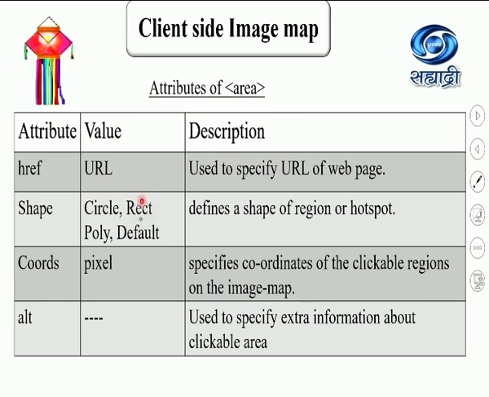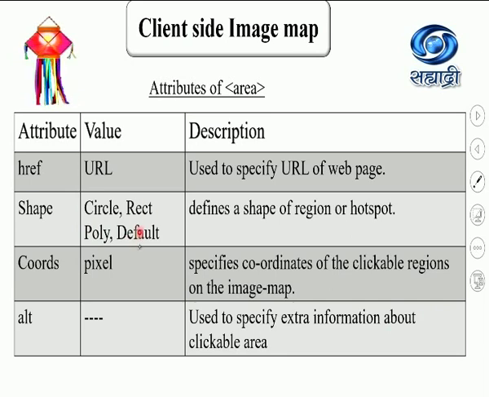Any kind of square or rectangle can be specified by using the rect value for the shape attribute. The poly value can be specified for any other shape, that can be an irregular shape. Any other shape like a triangle, even a polygon or any amoeba shape can also be specified by using the poly value.